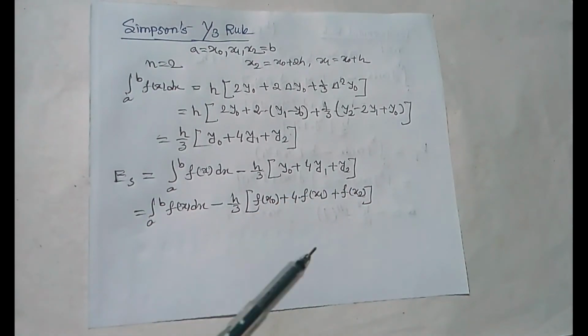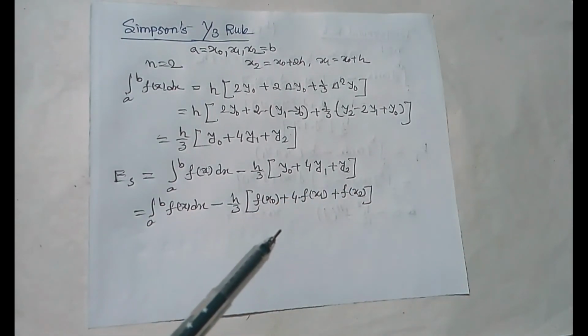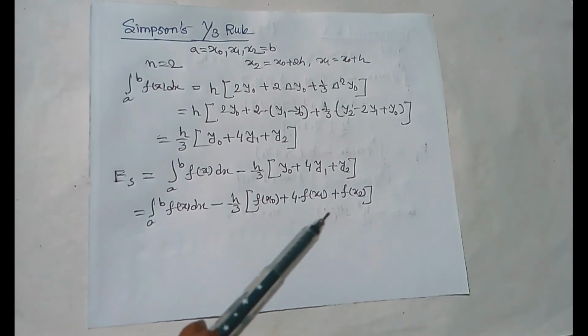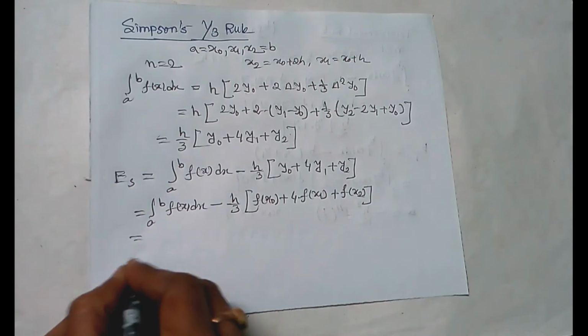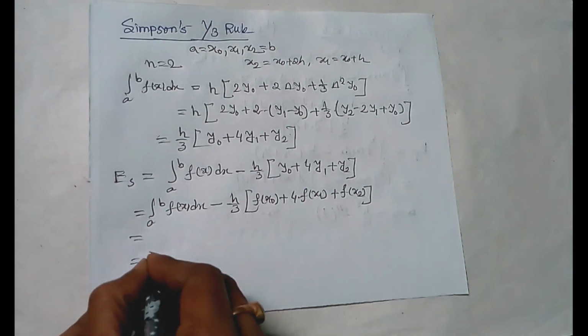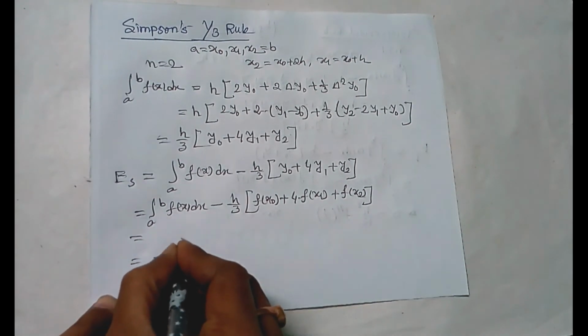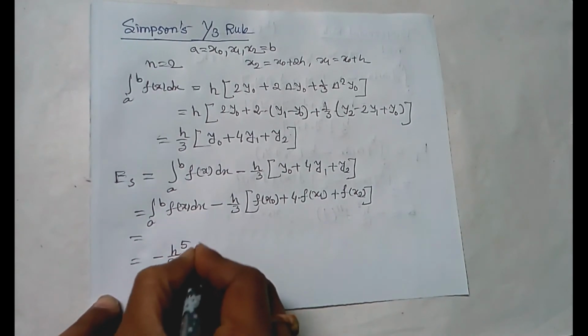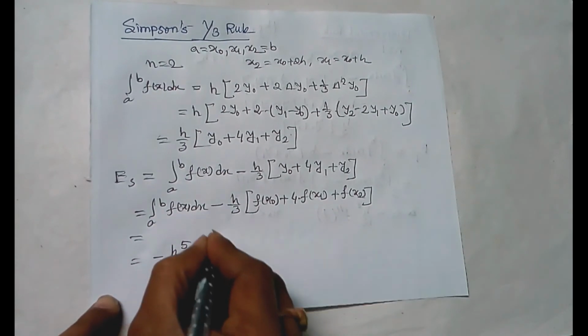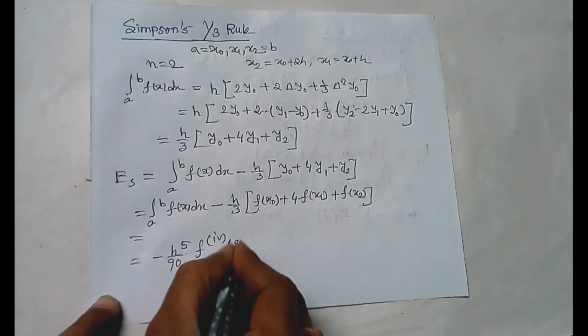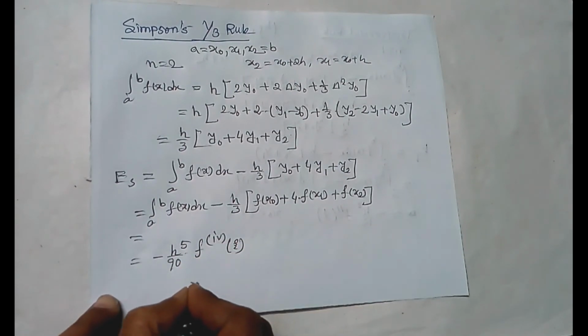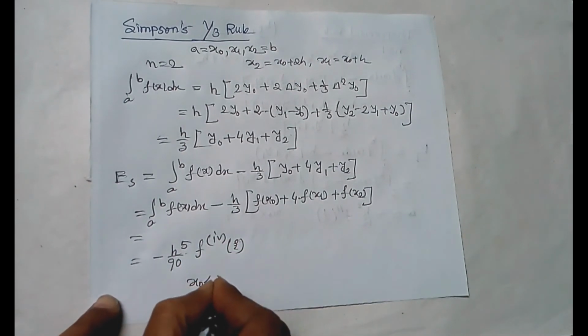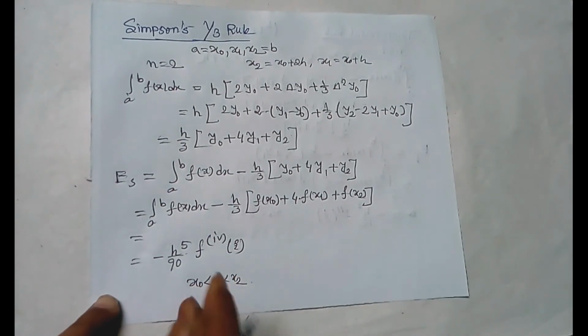Now if we simplify this and use the Taylor series expansion of f(x1) and f(x2), then after some lengthy calculation, this is approximately equal to minus h to the power 5 by 90 into the fourth derivative of f at xi, where xi is any point between x0 and x2.